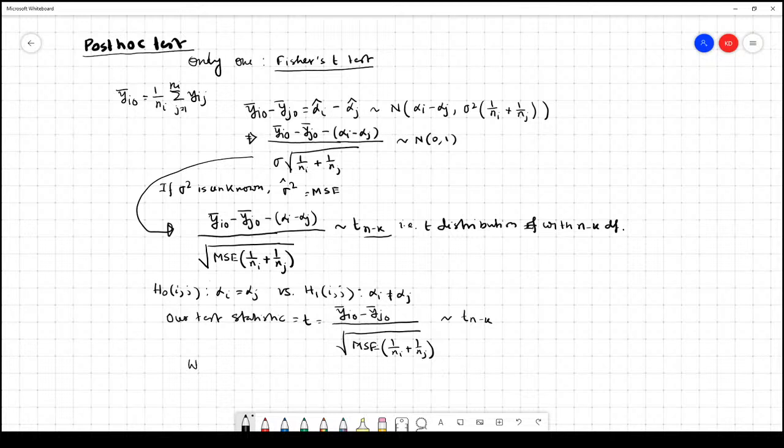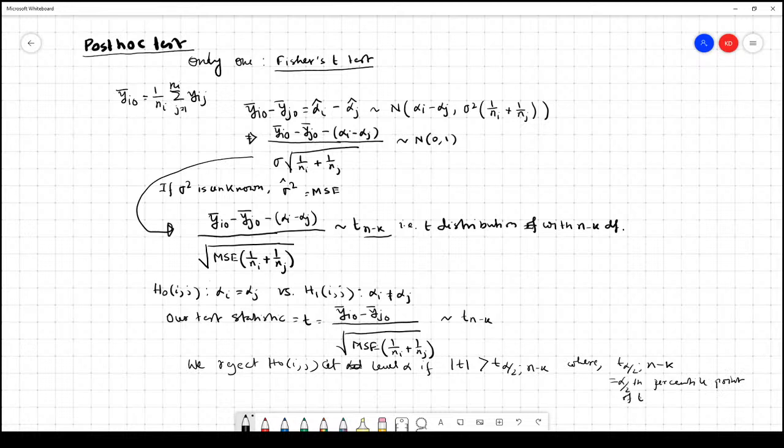And we reject H naught at level alpha if mod t is greater than t alpha by 2, n minus k, where t alpha by 2, n minus k is the alpha by 2 percentile point of the T distribution with n minus k degrees of freedom.